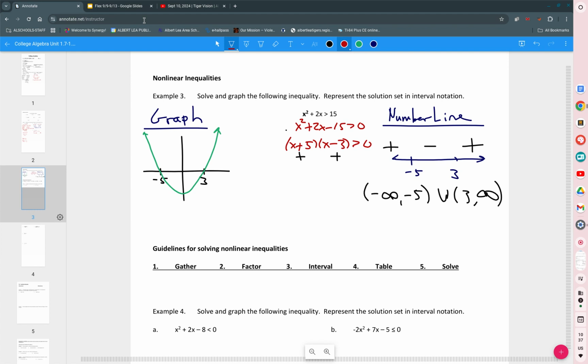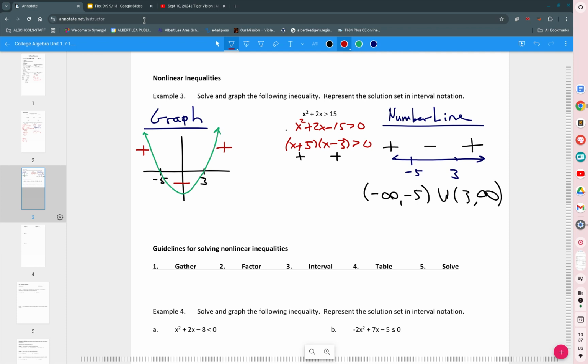And a parabola has times where it's positive and where it's negative. A graph is positive when it's above the x-axis. It's negative when it's below. So right here, because it's above the x-axis, it is positive. Right here, it's below the x-axis, so it is negative. And here it's above the x-axis, so it's positive.